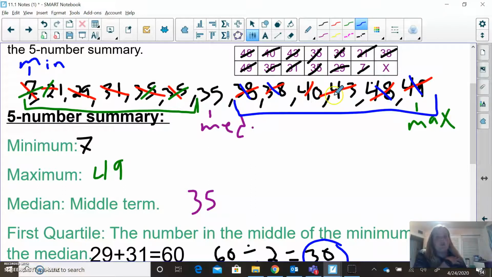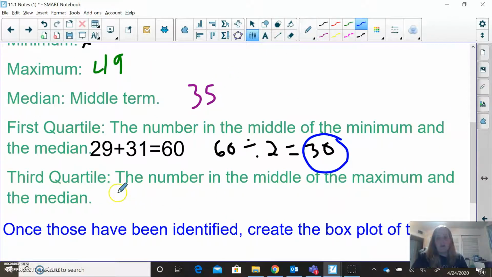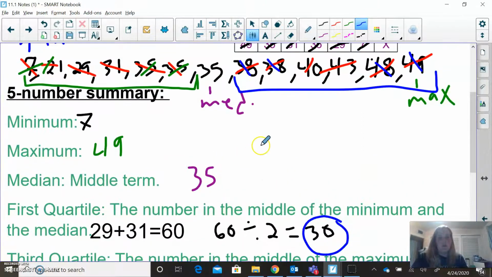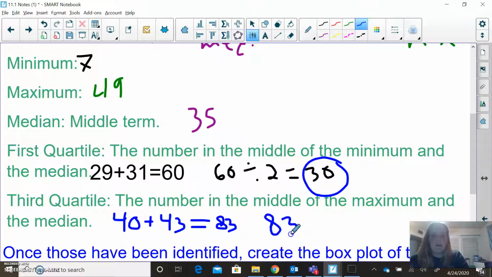Again, we've got two numbers in the middle, so we're going to add them together. 40 plus 43 equals 83. Then we take 83 and divide it by 2. 83 divided by 2 is 41.5.